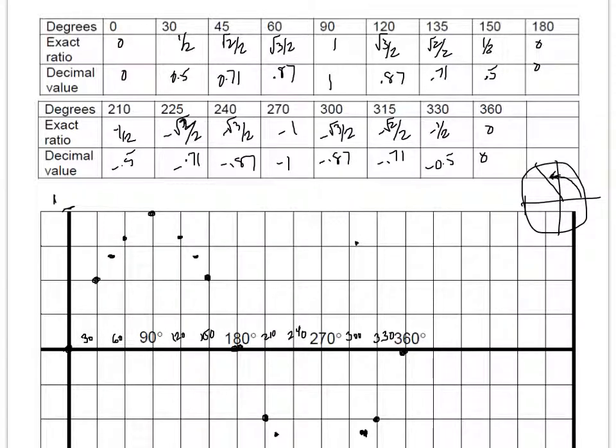Now, if you look at this one, it is 60 degrees here because the whole thing is 180, so this means the reference angle is 60 degrees, and I know that sine of 60 degrees is square root of 3 over 2, but sine is positive in the second quadrant too because sine is the y coordinate. So this means that sine 120 has the same value as sine 60, which is square root of 3 over 2, which is 0.87.